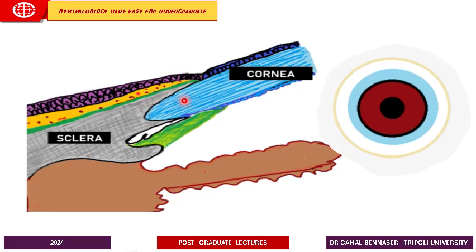So the combination of this regular collagen arrangement in the cornea, which is transparent, and this opaque sclera, gives the appearance of the blue color. That's why it is named the blue zone, due to this invagination of the cornea inside the sclera.